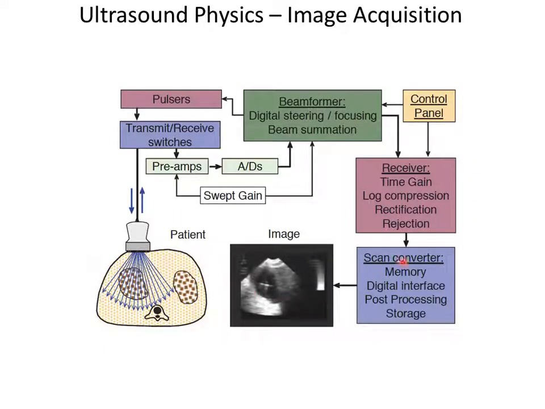And then the whole system basically is put together such that there's a transmit receive switch which toggles the system between the transmit mode and the listening mode, and you toggle back and forth between those two modes.